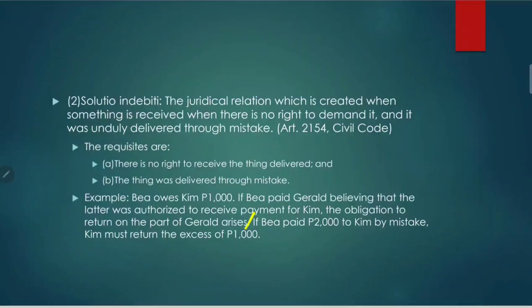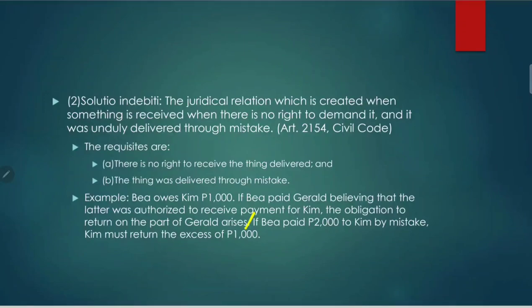Dito naman sa second scenario, if Bea paid 2,000 to Kim by mistake, he must return the excess of 1,000. Siyempre, 1,000 lang naman yung utang ni Bea, and Bea paid 2,000. So, we can see na Kim is not indeed entitled to the 1,000 excess.